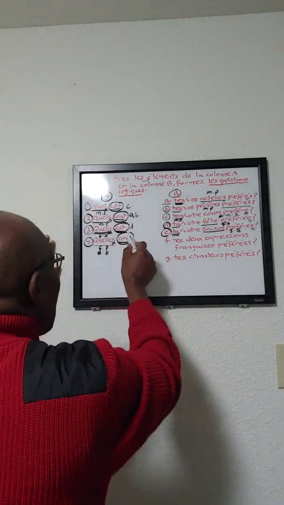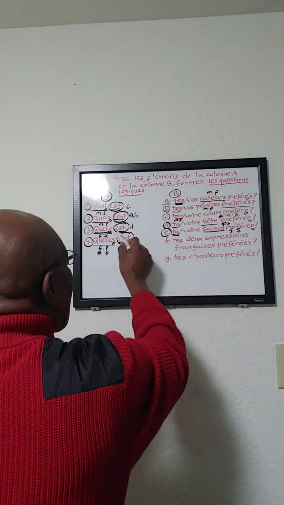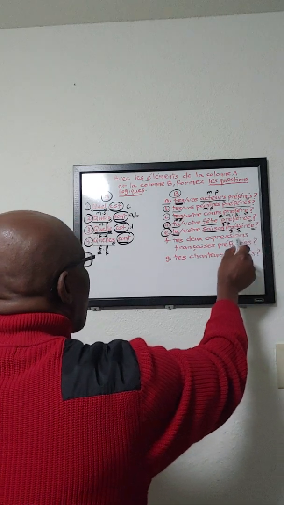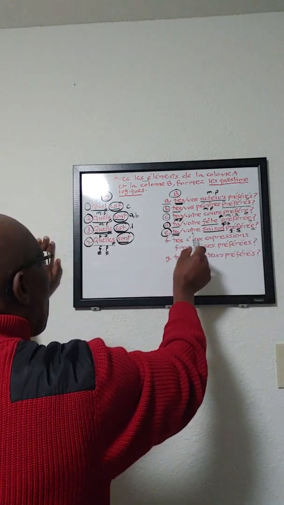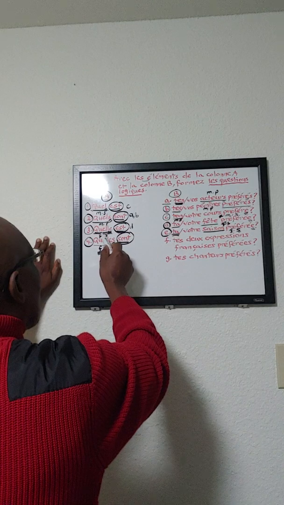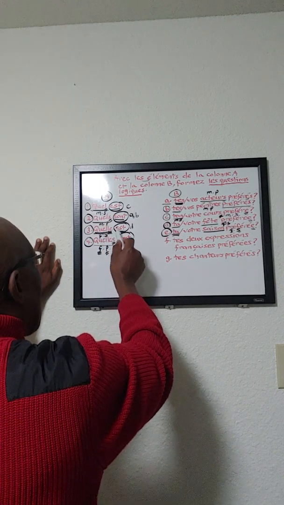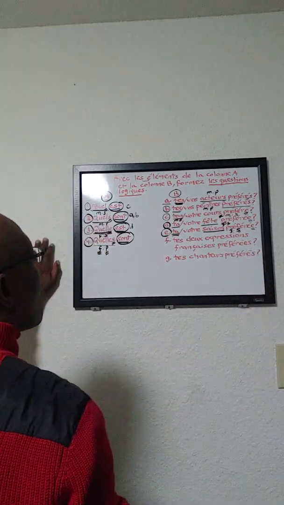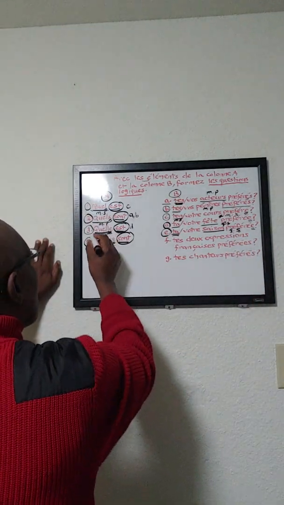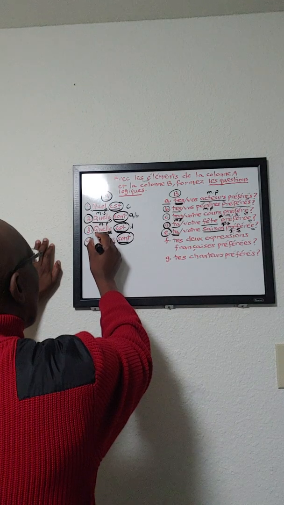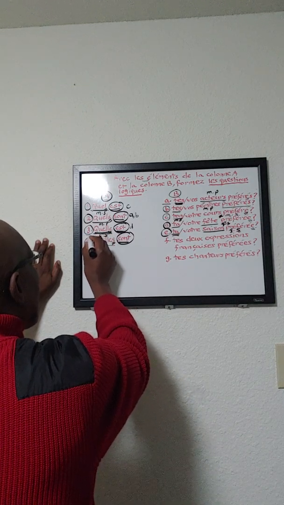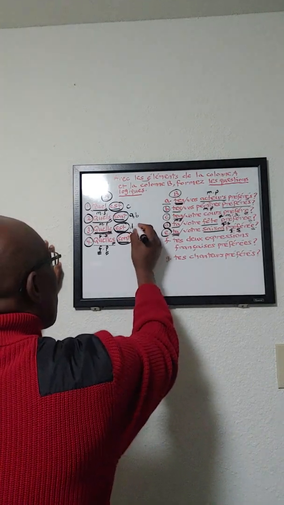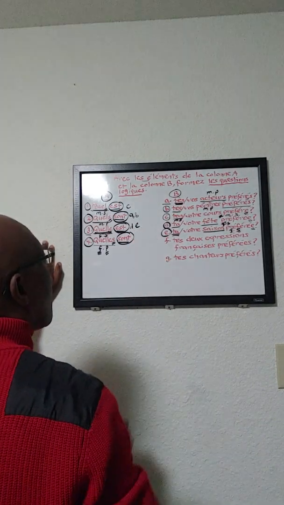So, quelle est ta saison préférée? Informal way of asking the question. Formally, you will say, quelle est votre saison préférée? So, we will agree that number 3 will also go with E.